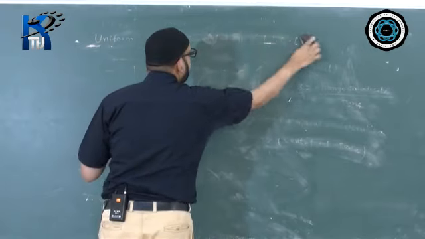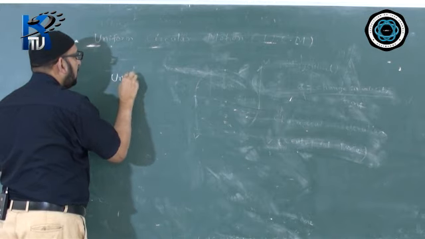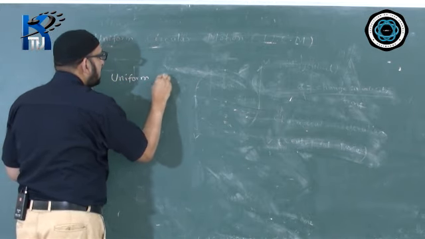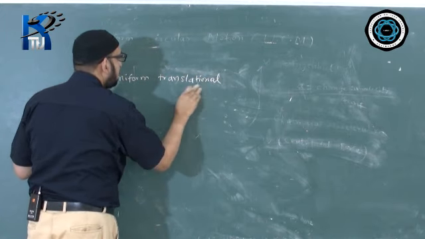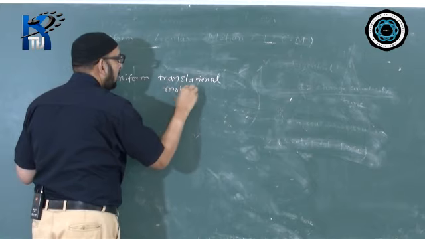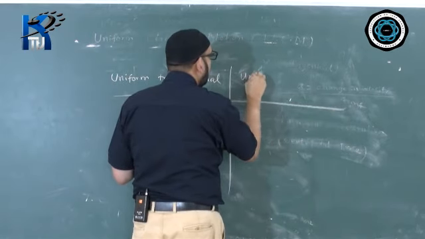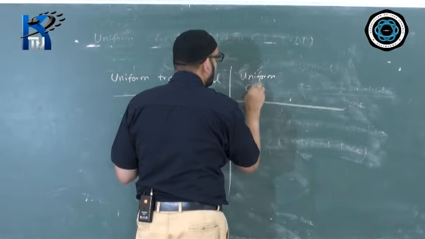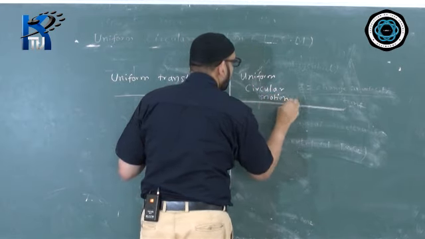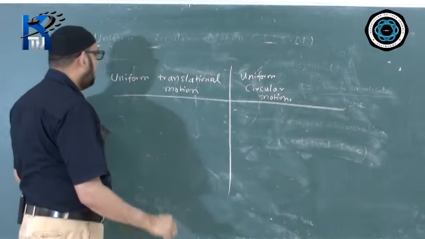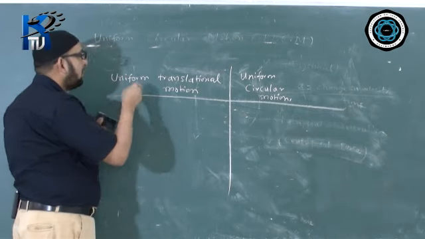What could be the main difference between them? What is uniform translational motion?